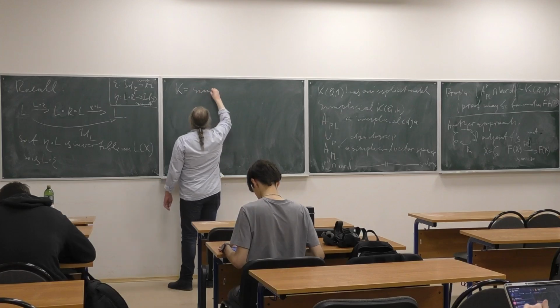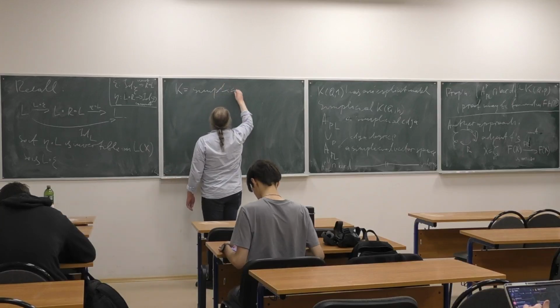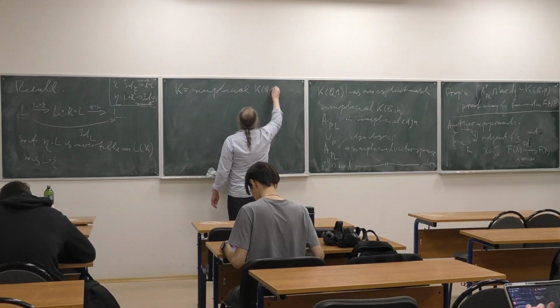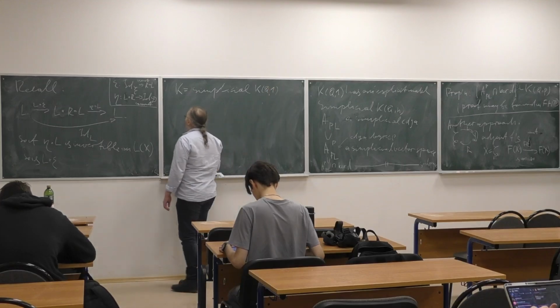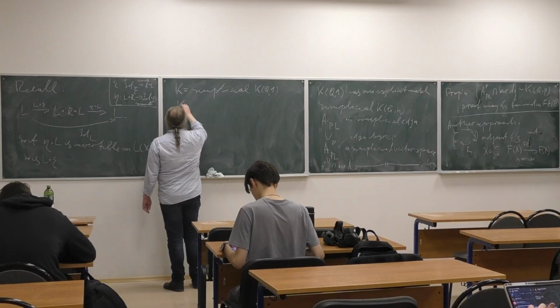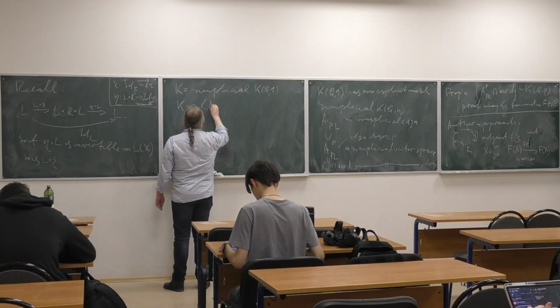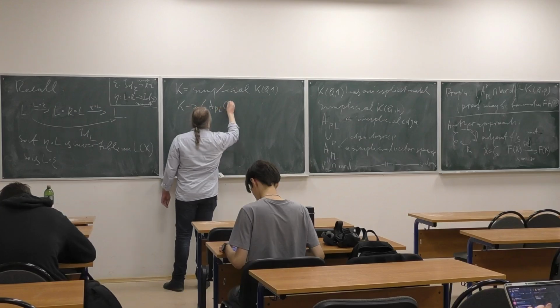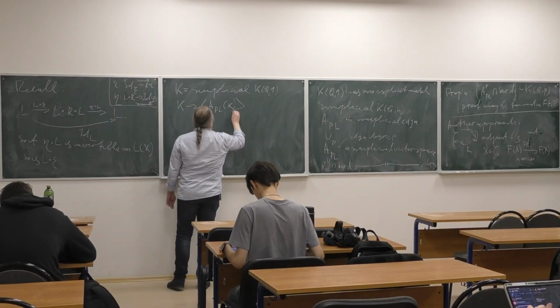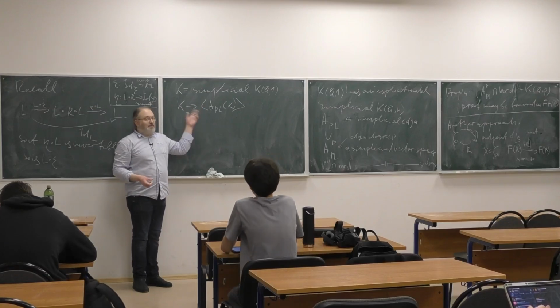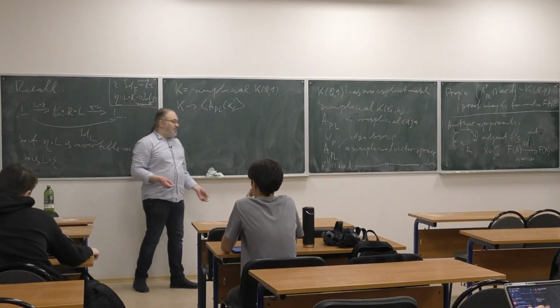So we have a simplicial K(Q, 1), and we need to calculate this map. More precisely, we need to show that this map is a homotopy equivalence.